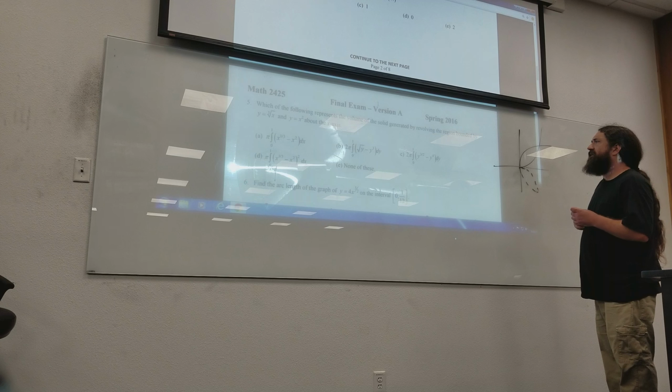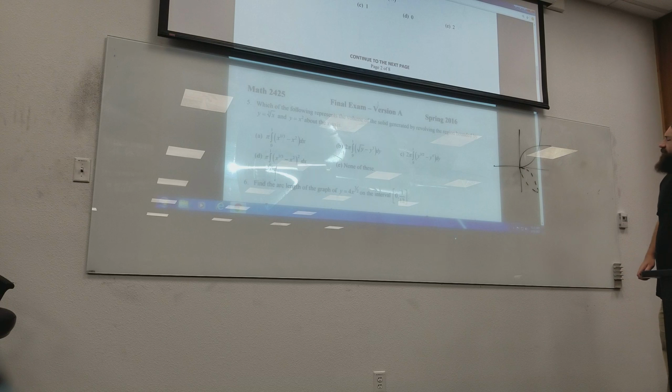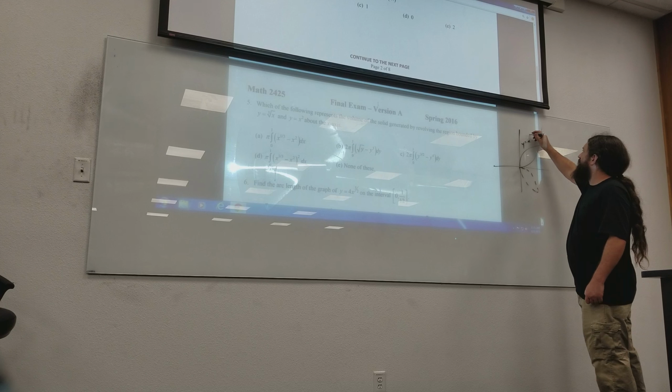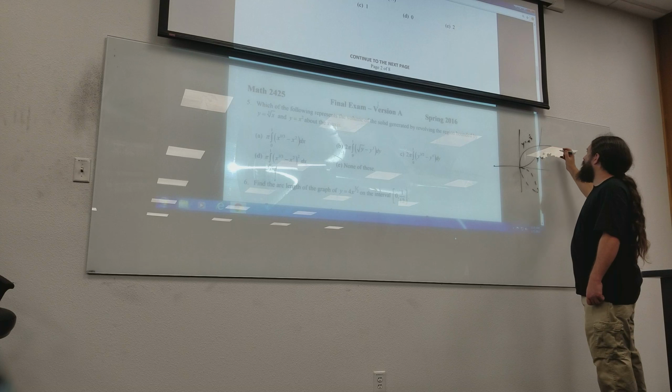Now, looking at these, does it look like they're doing shells or washers? Looks like washers, right? Because I got a radius of something squared minus something squared. So here y is x to the 1/3, and here y is x squared.